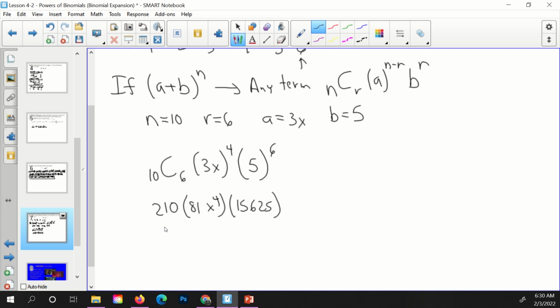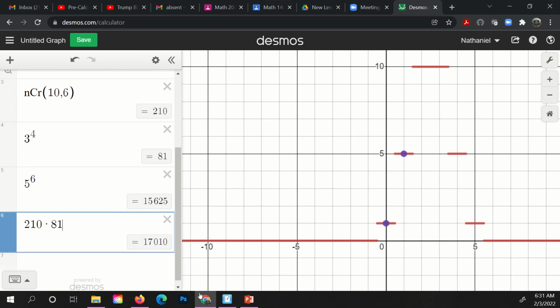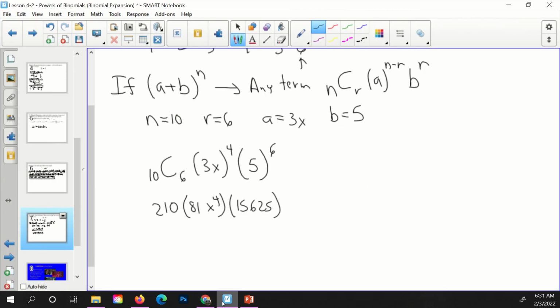Alright, so all I got to do to finish this off is multiply those values together, and since I've calculated them all in Desmos right here, I can just go 210 times 81 times 15,625, and that is a pretty big number, but it turns out that my final answer for this ends up being 259,657,650x to the 4th.